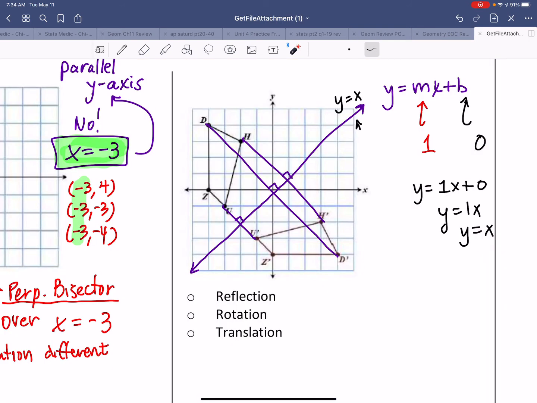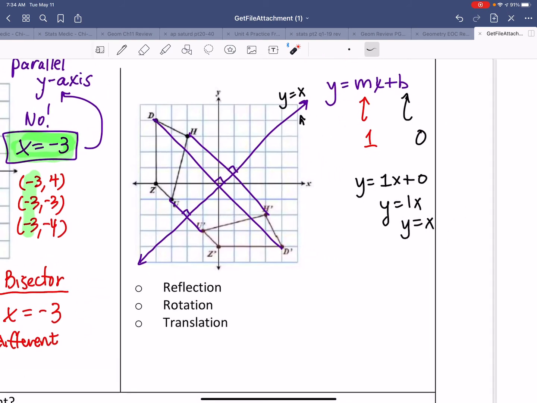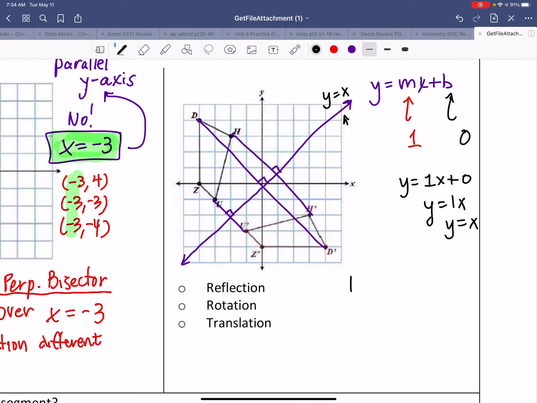So we can test this pattern out. Let's take a look. Did the coordinates just swap spots? So when I look at D, D was -4, +4. So if they swap spots, D prime should be at +4, -4. And it is. Let's take a look at U. So U is at -3, -1.